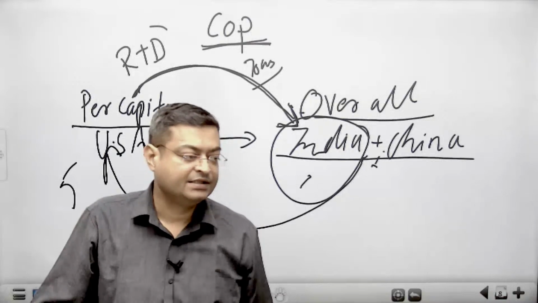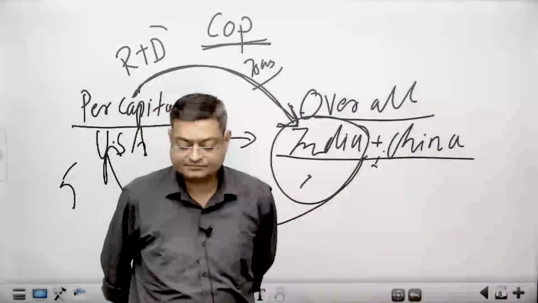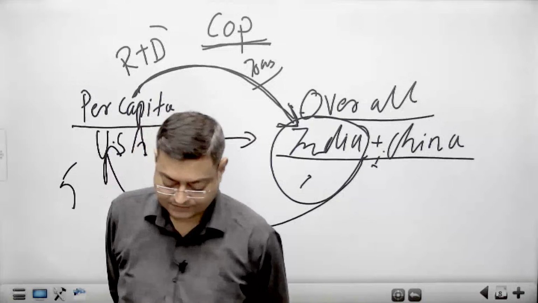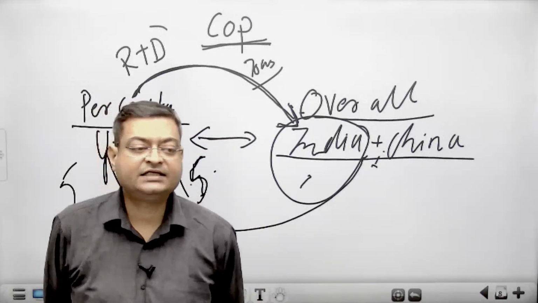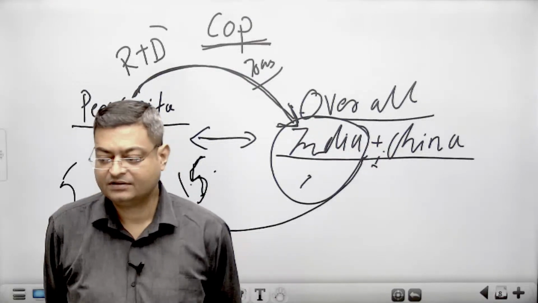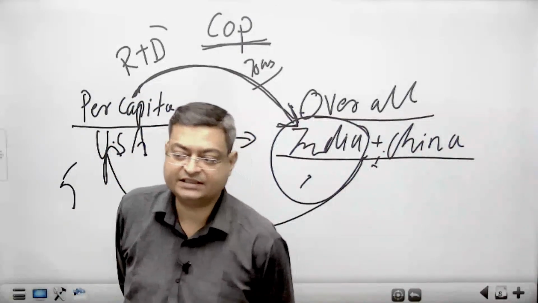Third, it comes on higher prices. Fourth, escalates the food cost. And hampers the food security.